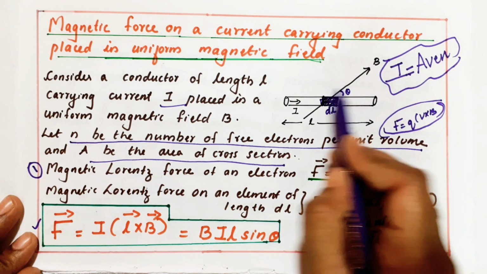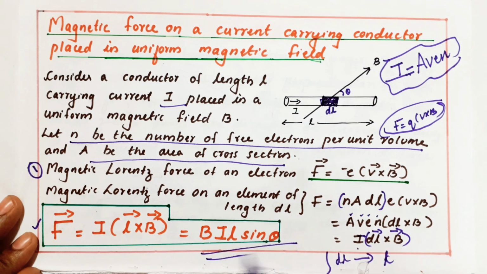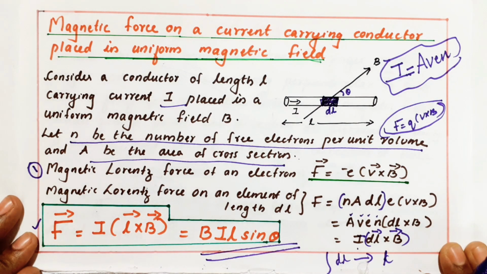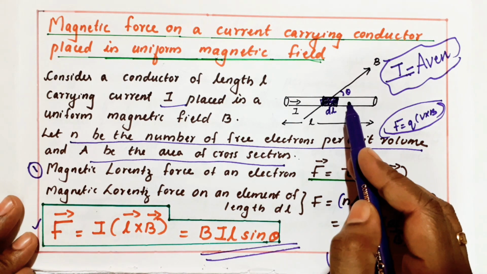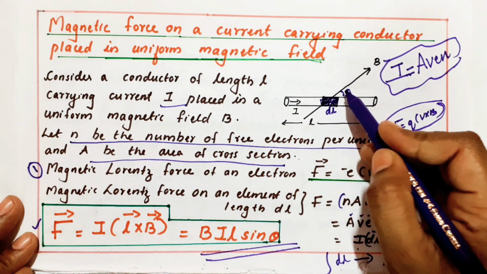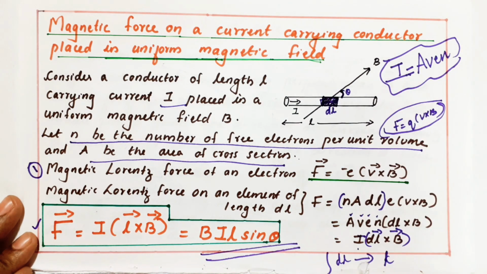Instead of a charged particle, if you take a conductor, what happens to your equation? Bil sin theta. In Bil sin theta, I is not a vector, so it is I into L cross B. We are taking the length as a vector quantity here, and the angle is between these two, or we take I dl.